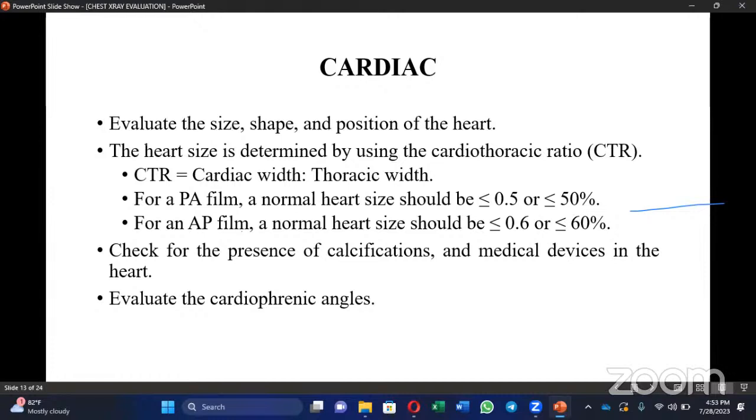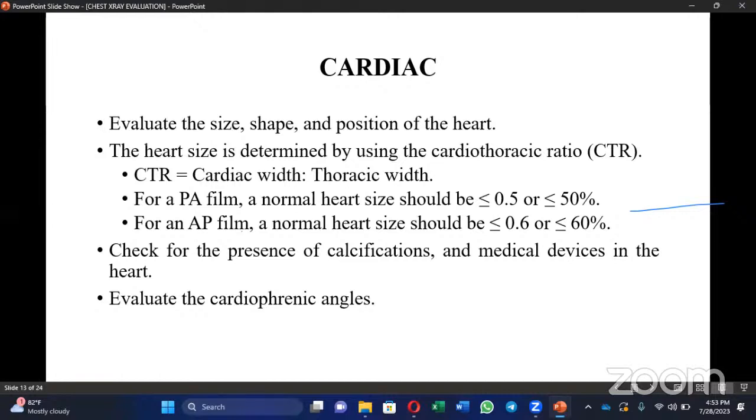So the normal heart size should be less than or equal to 0.5, or 50%. Any value above 0.5 or 50% means that the heart size is increased, or the patient is having heart enlargement, which is termed cardiomegaly.